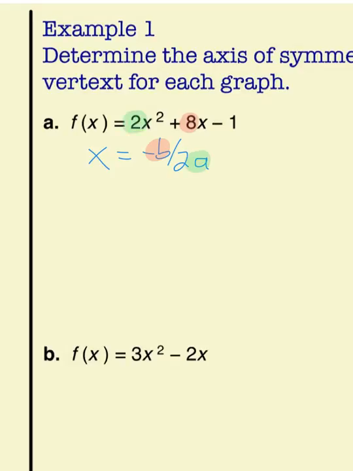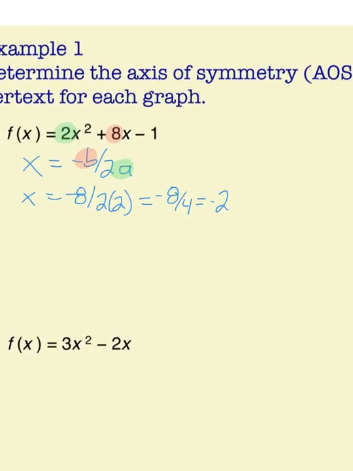So then my equation is going to be x equals negative 8 over 2 times 2. 2 times 2 is 4, so I have negative 8 over 4. Negative 8 divided by 4 is negative 2.